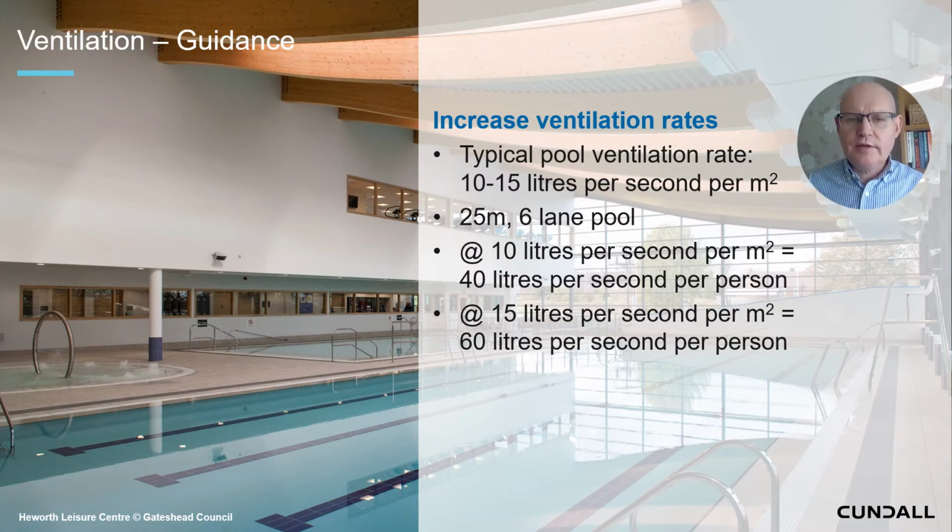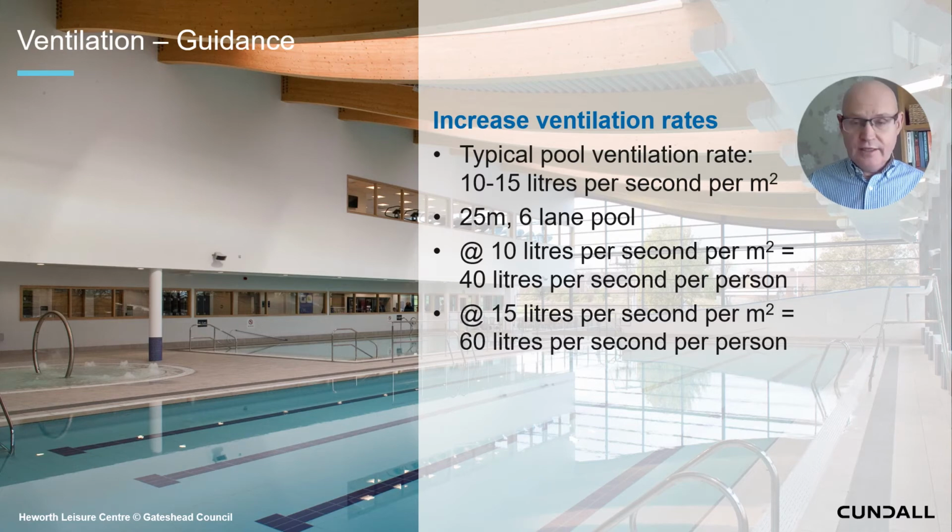The third main area of guidance relates to increasing ventilation rates in buildings. This is interesting in relation to a pool hall. Without getting too techy about how we design ventilation systems, a reasonable rule of thumb would be to consider a ventilation rate of between 10 to 15 litres per second per metre squared of wet area.